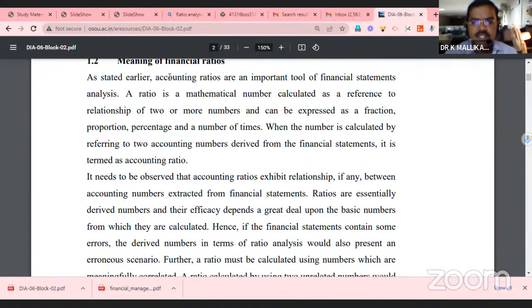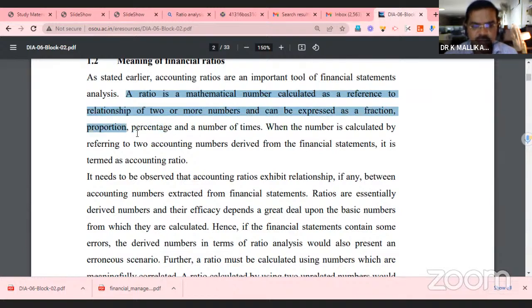So what is the meaning? The accounting ratio is a very simple tool. A ratio is a mathematical number calculated as a reference to the relationship between two or more numbers, which can be expressed as a fraction, proportion, percentage, or number of times.